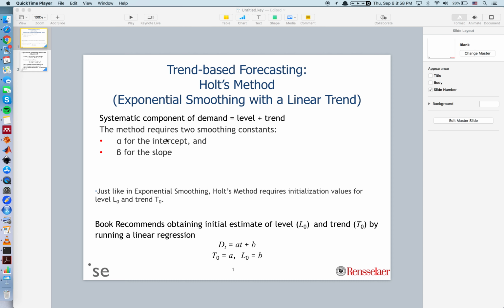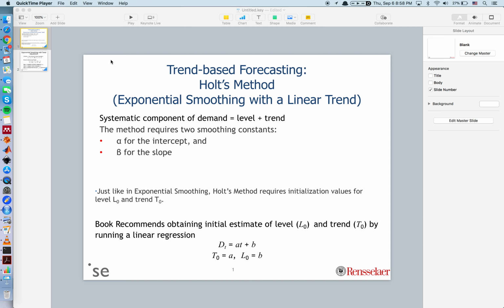So one is for the level, one is for the trend. So the intercept is the level, and beta is the trend, which is the slope. So if you consider the time series to be more or less a linear function with some fluctuations, then the trend is really just the slope in this case.